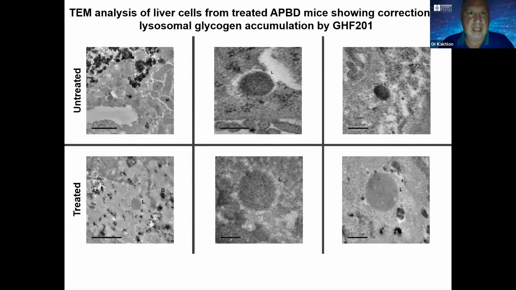And indeed, we also saw by electron microscopy that lysosomal glycogen was highly reduced by the treatment, which made sense to us because it is supposed to reduce the level of lysosomal glycogen, and as a result, total glycogen in the cell.